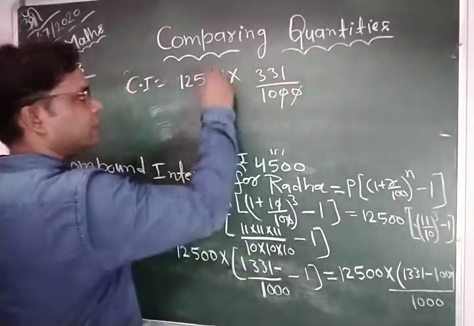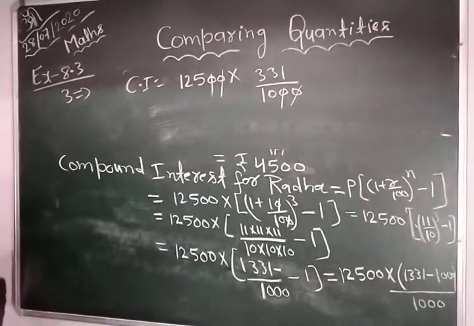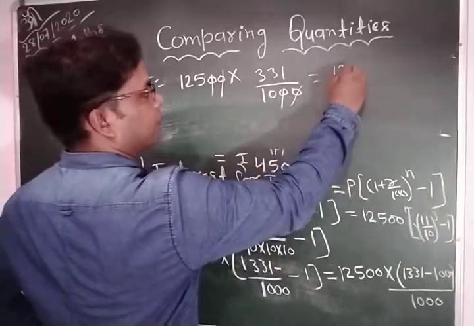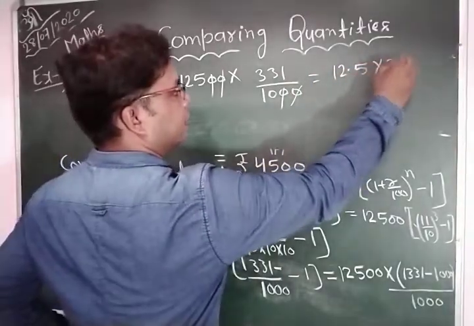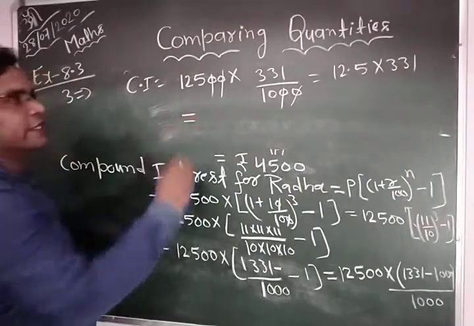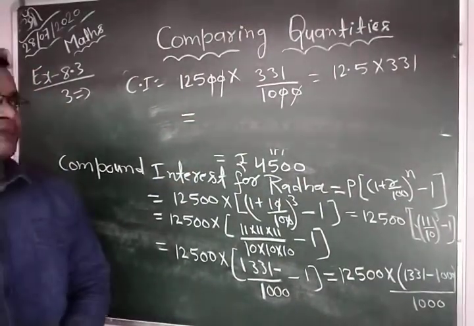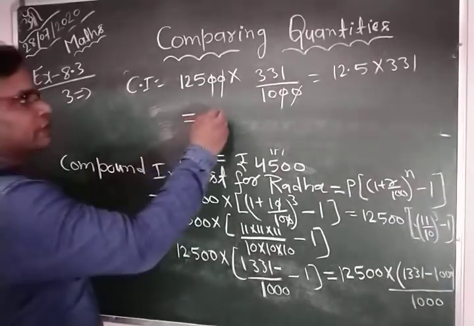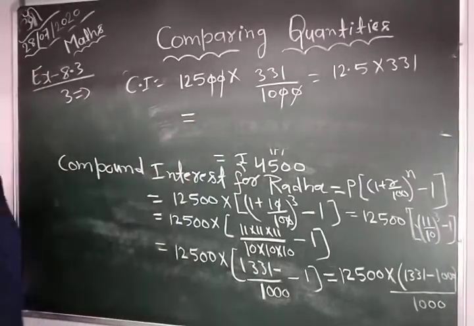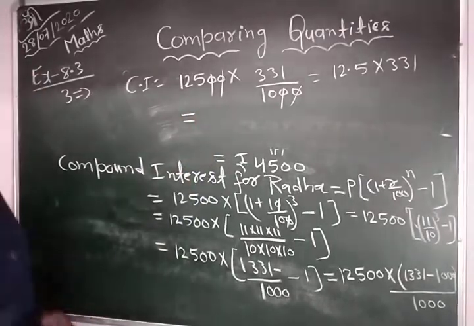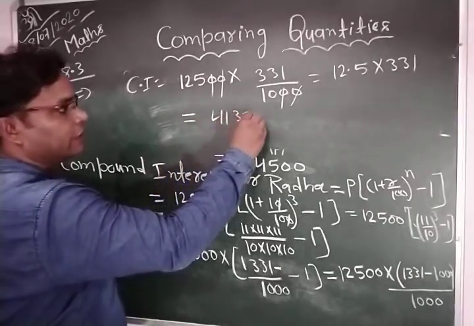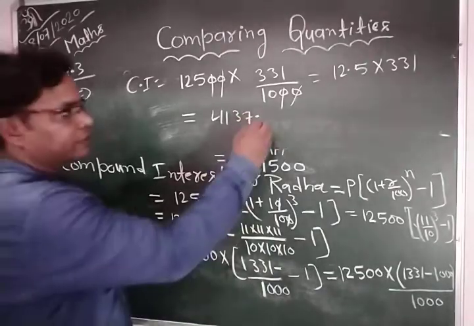The zeros cancel here, and you obtain 12.50 into 331. If you multiply 12.5 into 331, you obtain 4,137.50.